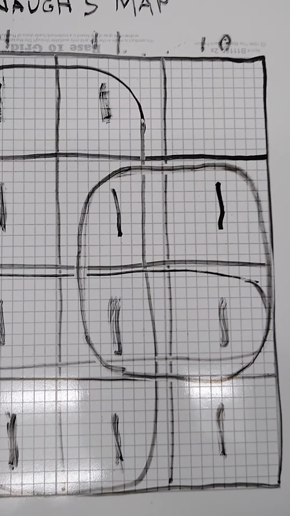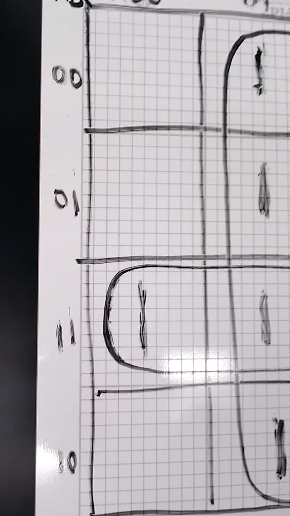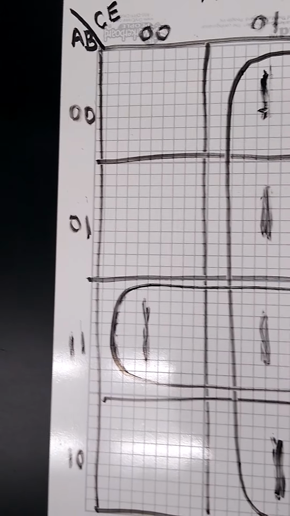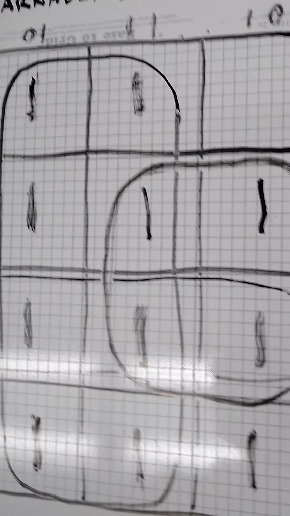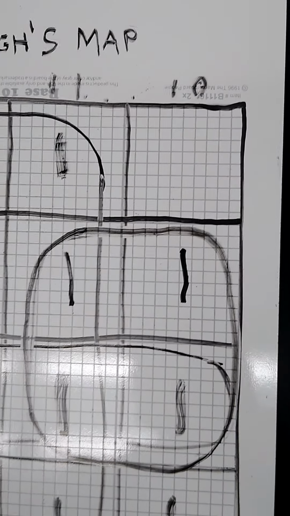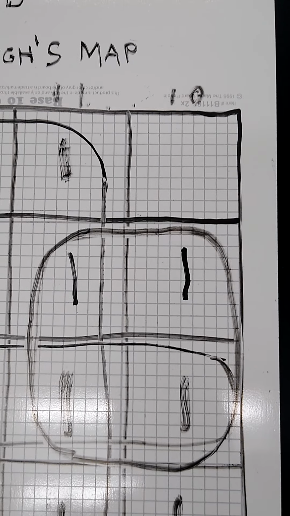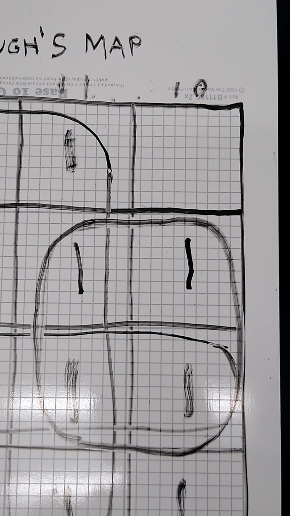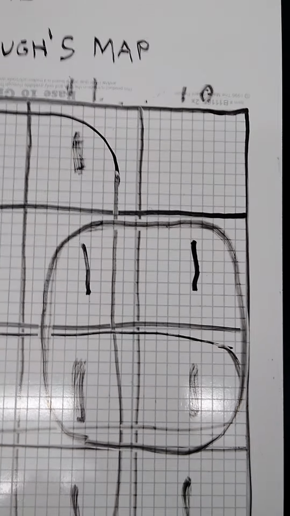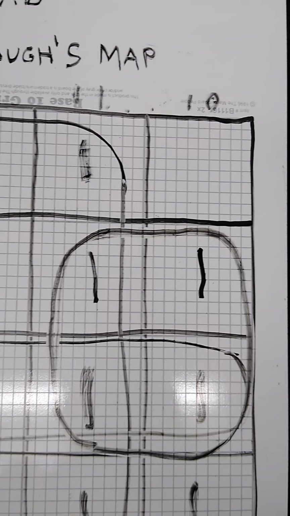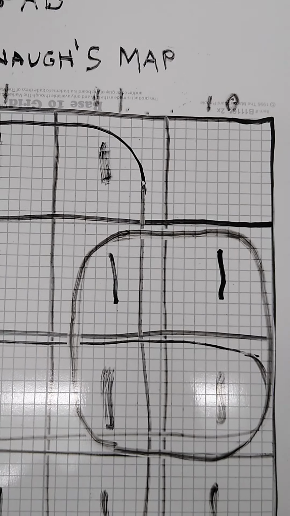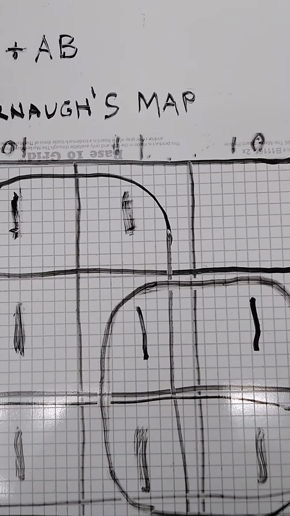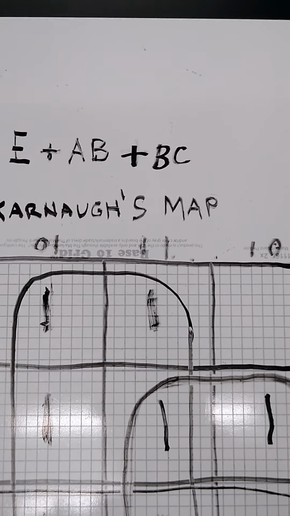In this particular group, we are not going to require the variable A because it changed from 0 to 1, so we are going to require only the variable B. But for the C and E, we are going to require the C because the C stays at 1 and the E changes from 1 to 0, so we don't need to include E. Only the B and the C. So the next term will be BC.